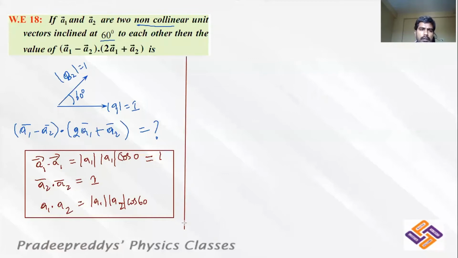Now take this and multiply. It is in the form of (A minus B) into (A plus B), so you will just multiply those.